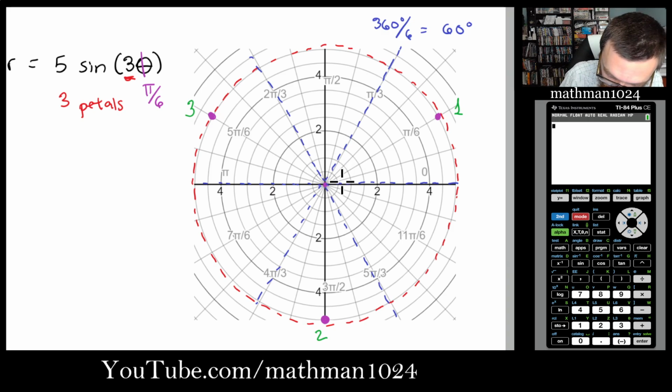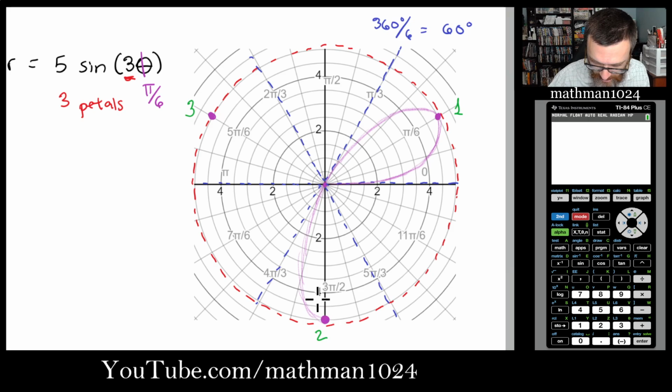All right, so let's see. We're going to draw this out, as long as we have the right color for that. All right, so here we go. We're going to hit this one. I'm going to come back through here and hit this one.